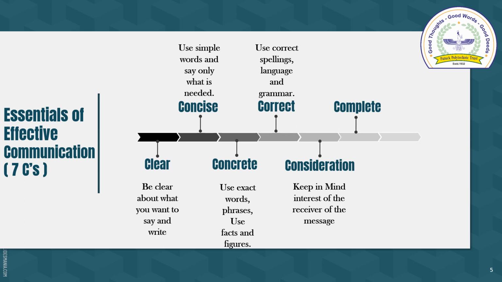The letter should be complete or the communication should be complete in all respect. It should answer all the possible queries. And when it answers all the queries, it automatically becomes self-persuasive. It becomes self-persuasion. That is, it should give all the required information.